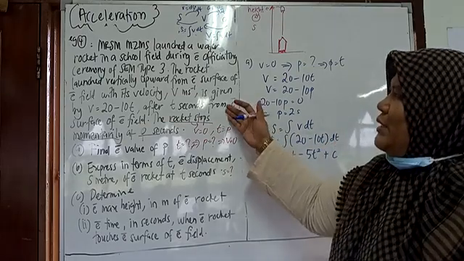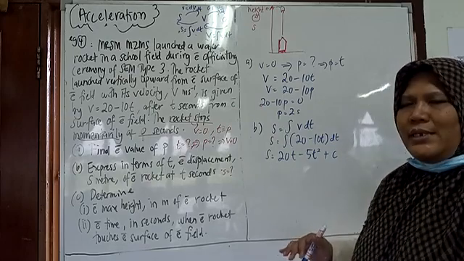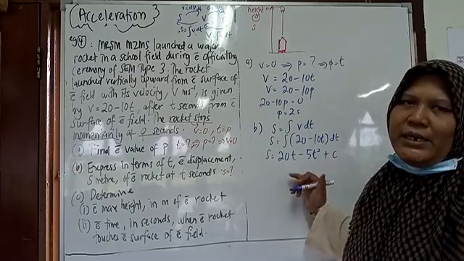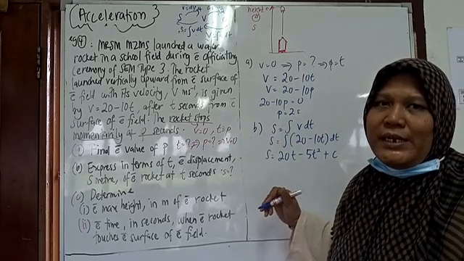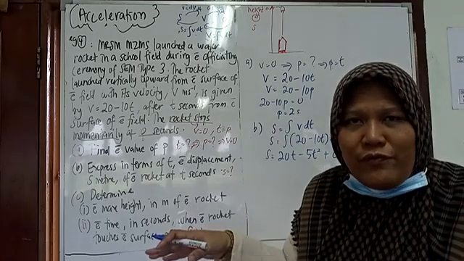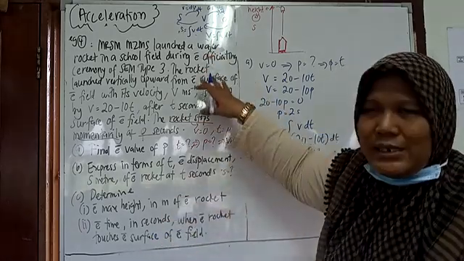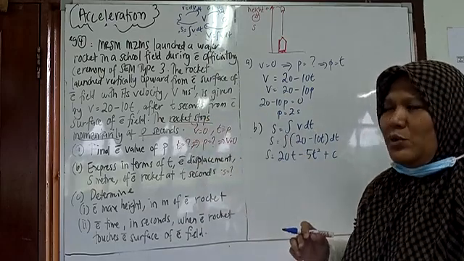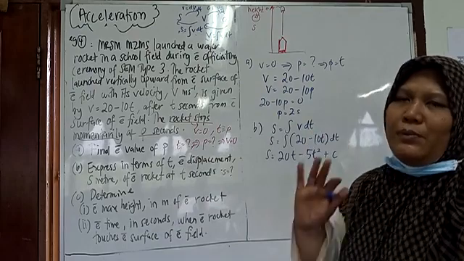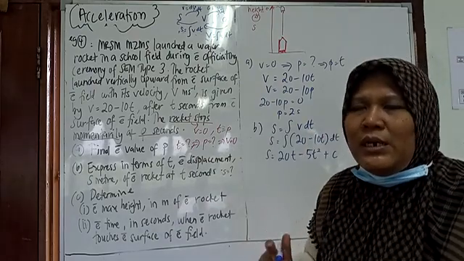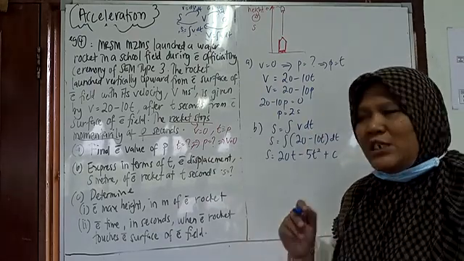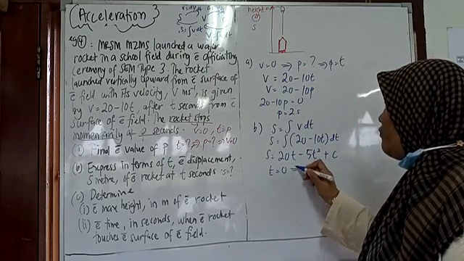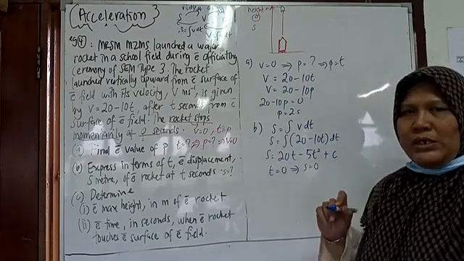In this question, it doesn't state whether initially the particle is 5 meters to the left of the fixed point. There is no such information in these questions, right? So we need to know that when there is no information about the initial displacement, we say that the initial displacement, when t equals 0, s equals 0.